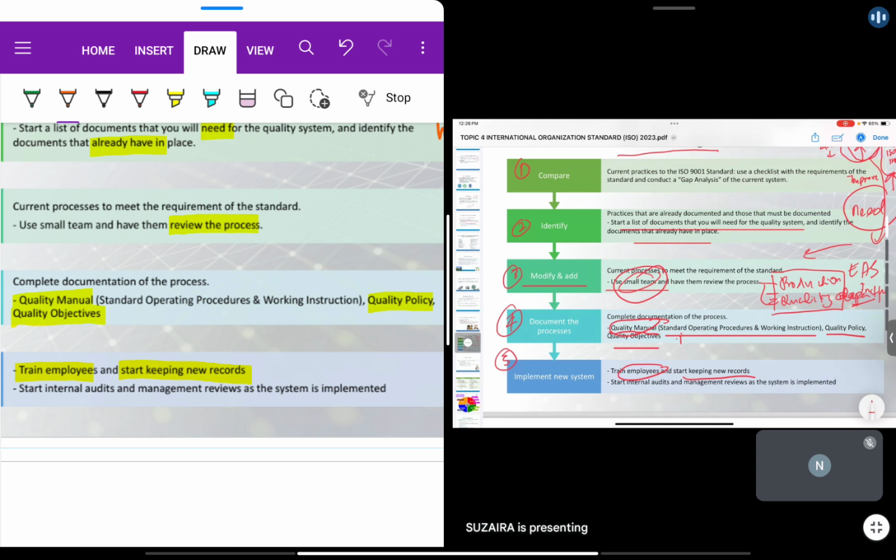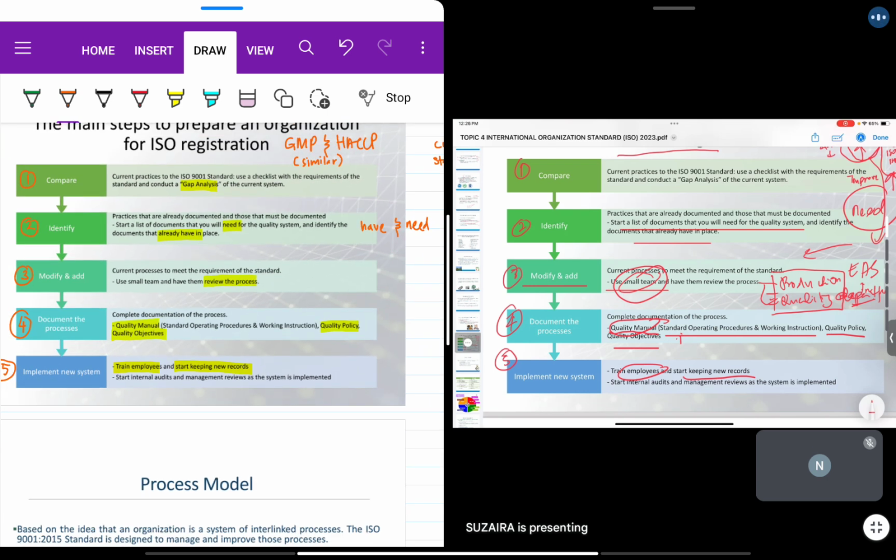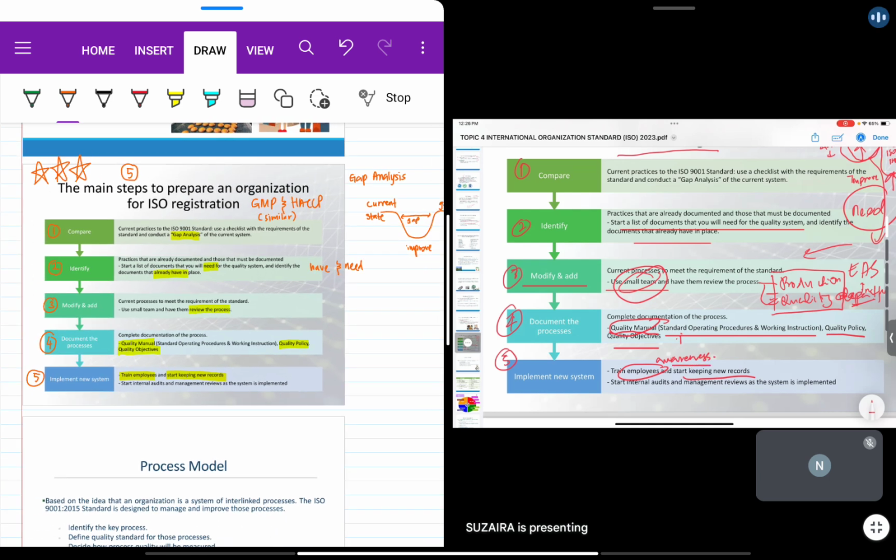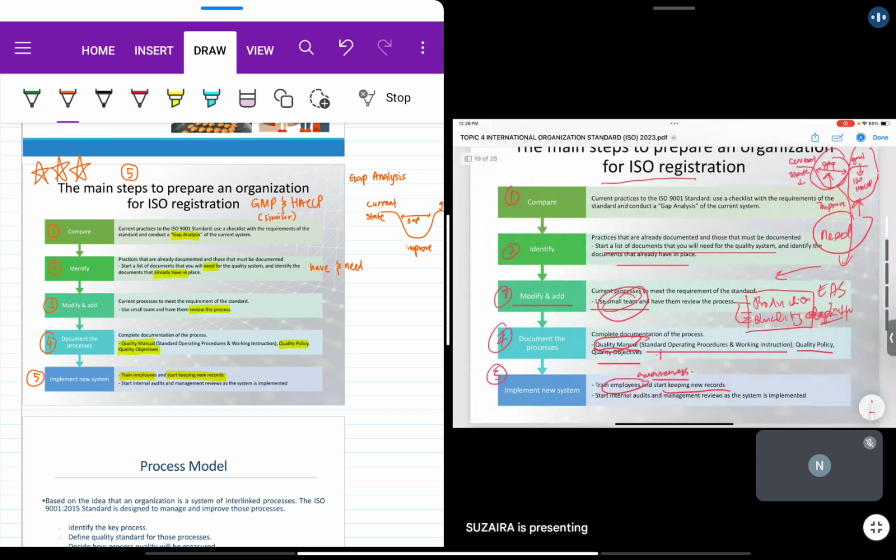So you need to train the employees on how to do record keeping with the new records or forms, and at the same time give them awareness about the certifications that you are going to apply.